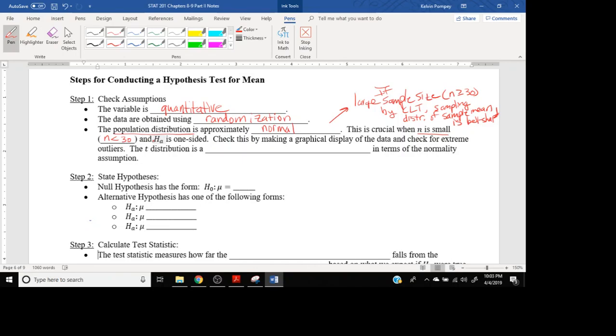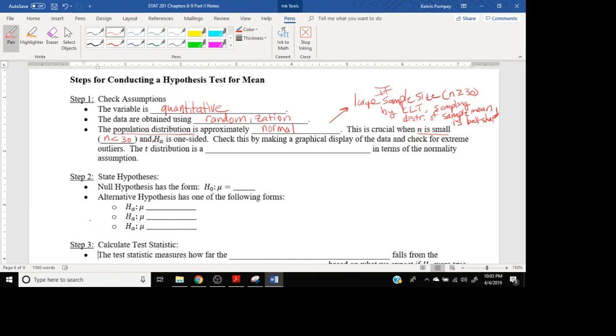One of the things you want to get in the habit of doing, when you conduct a hypothesis test for a mean, is to look at a graphical display and see if it's approximately normal. If it is, then you can say your population distribution is probably approximately normal. If it's not approximately normal and your sample size is small, you may have some issues, but we're going to get there in just a second.